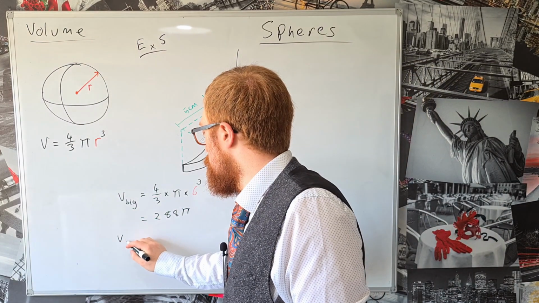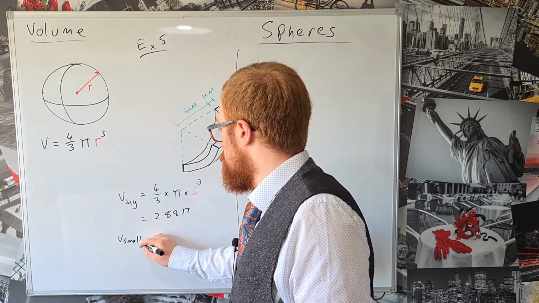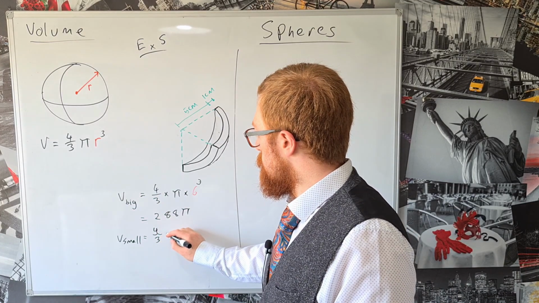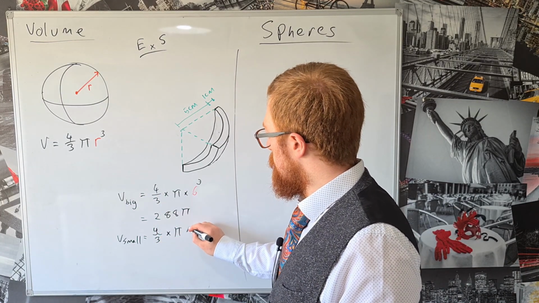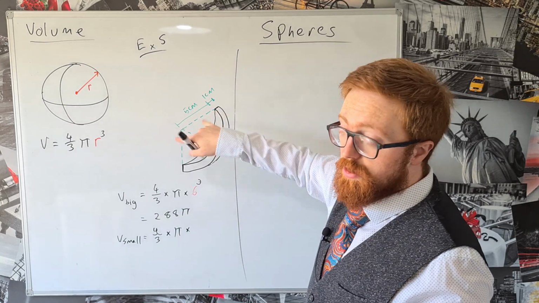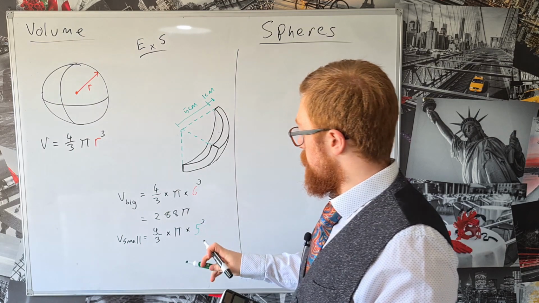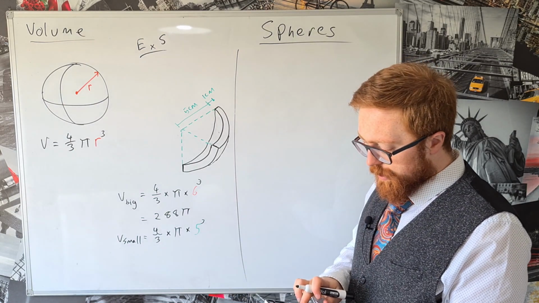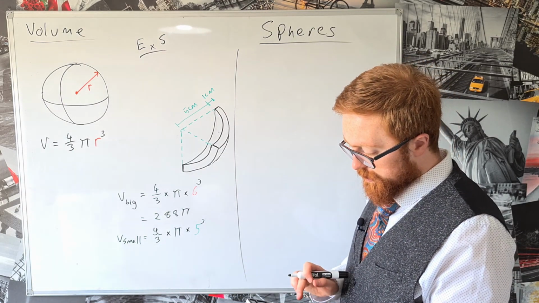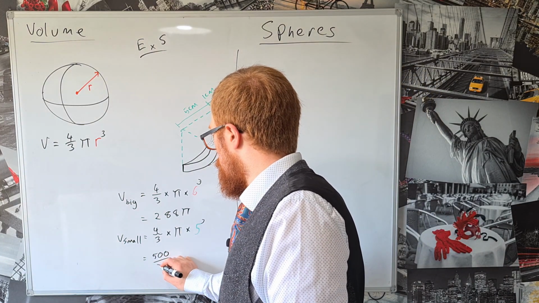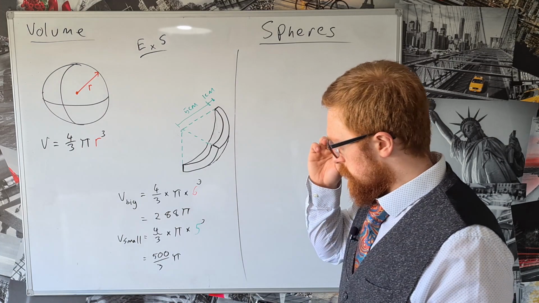Now let's find V small first of all. Exactly the same method, 4/3 times pi times, now the radius of the small sphere is just 5 cubed, or it's just 5, sorry, so we get 5 cubed, which again, if we type that into our calculators, gives me 500 over 3 pi.